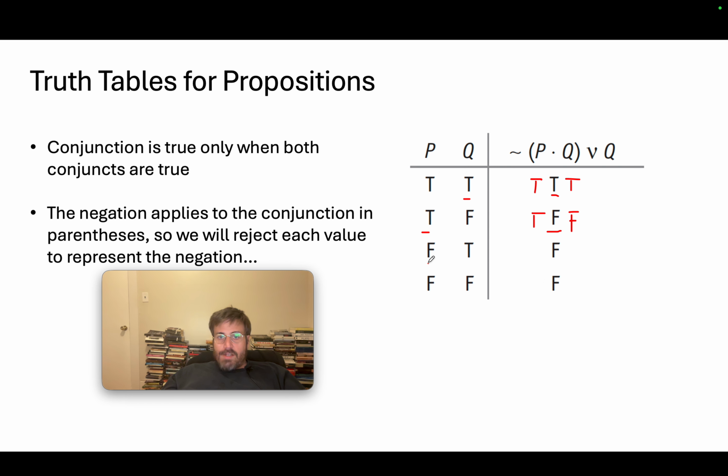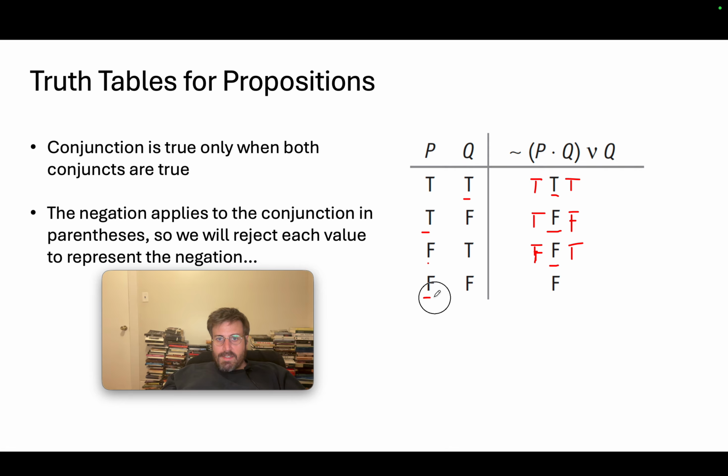And then I go down to row 3, and I'm going to write in false under P because the option given on row 3 is false. And then I look under Q, and the value is true. So I'm going to write under Q true. And I know that the value for dot on the third row has to be false because the first conjunct under P is false. So this one is false.